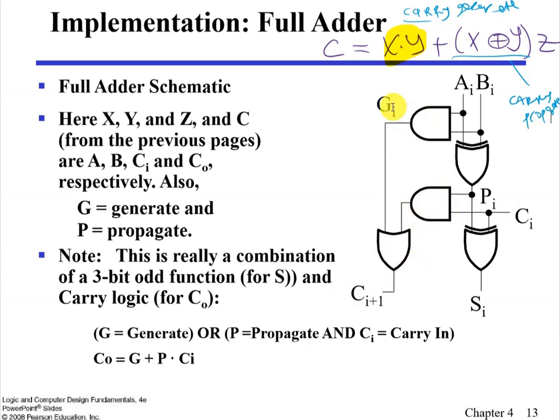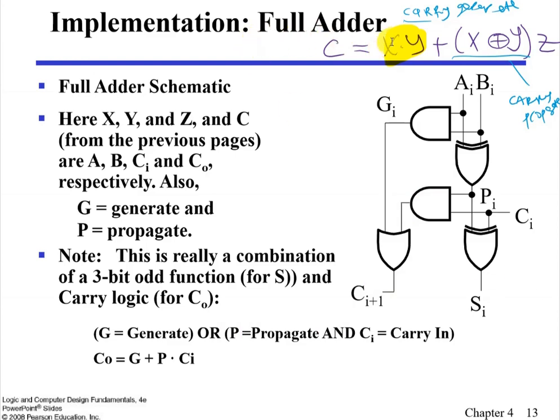So here we have the situation where the full adder generates the carry to the next calculation. So the carry output is equal to carry generate OR the carry input propagate AND gate, that is, propagate and carry in.